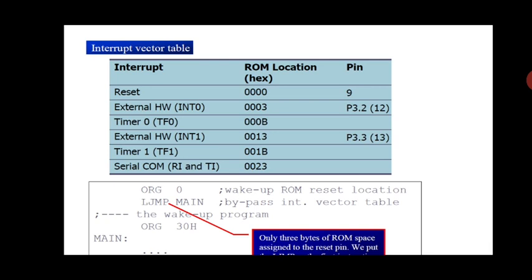These are the specific 6 interrupts. I hope you have used these flags in your previous module. TF0 you have used, TF1 you have used, and also RI and TI for transmitting and receiving data bits. Only INT0 and INT1 are new.